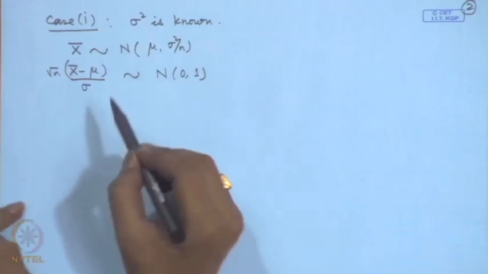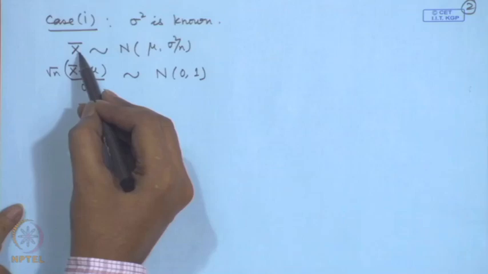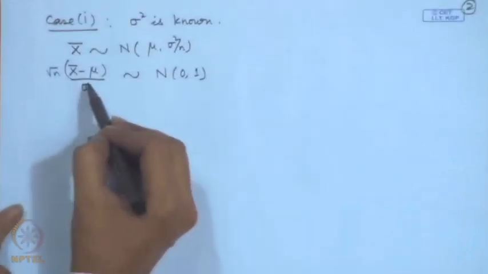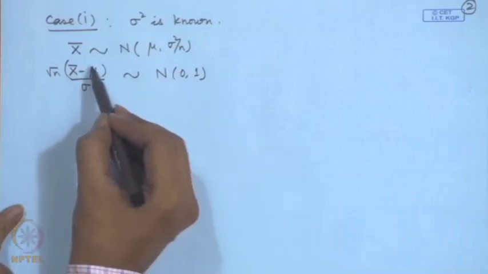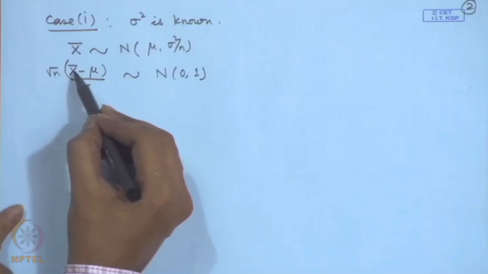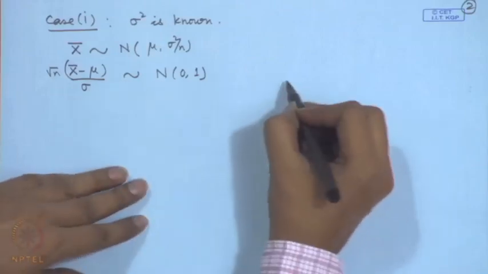So, I am actually using the method of pivoting. What we have done, I have considered the sufficient statistics. Based on the sufficient statistics, I have considered a quantity which is having a distribution free from the parameters, and this quantity, which I call pivoting quantity, is having the variable as well as the parameter for which we need the confidence interval.